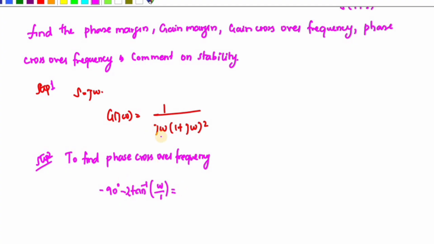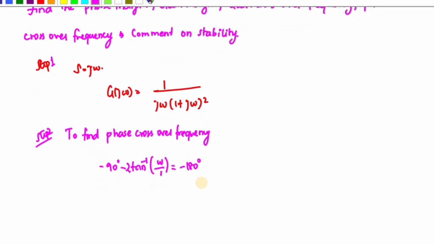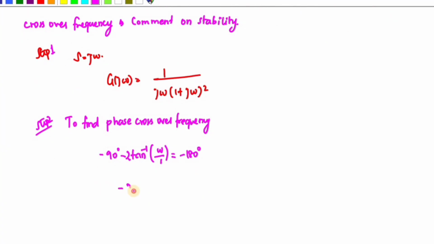You have to equate this term to minus 180 degree. So I will get minus 2 tan inverse of omega is equal to minus 180 plus 90, that is equal to minus 90 degree.